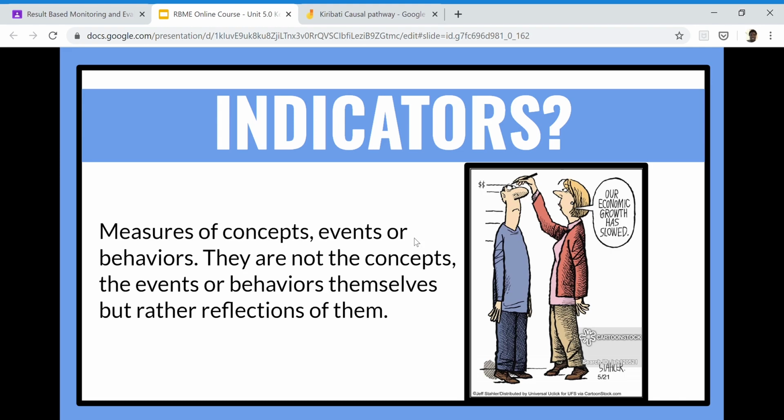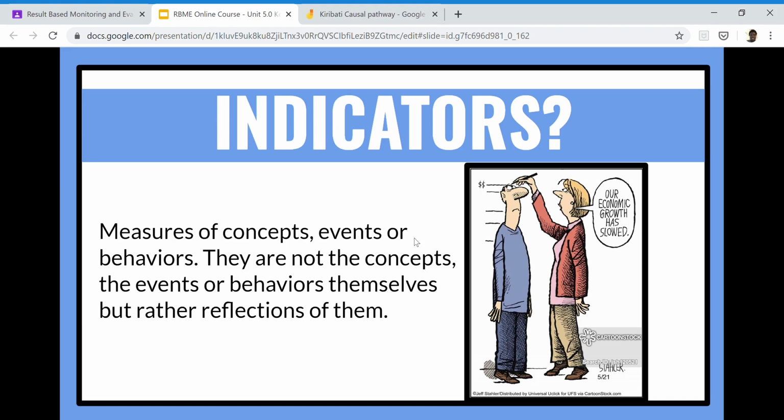So, another example might be increasing farmers' income in a community. You need something to measure that. For example, you might think about changing household equipment of the farmer.